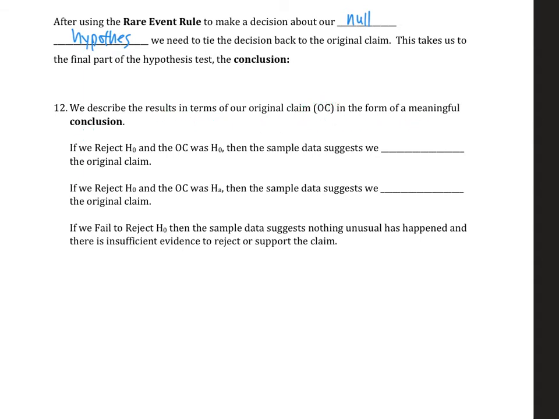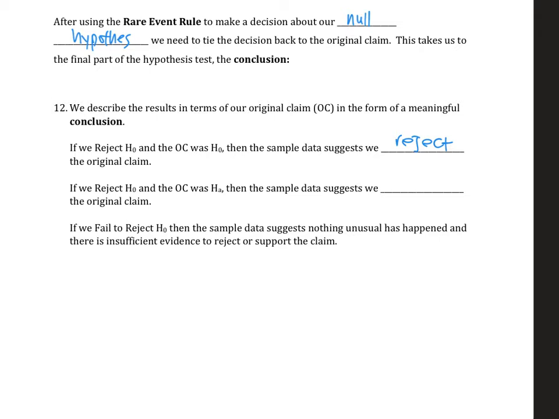If we reject H naught, and the original claim was also H naught, then the sample data suggests that we reject the original claim. Because the original claim and H naught are basically the same statement, if I rejected the H naught statement, I'm also rejecting the original claim statement as well. That's going to be our final conclusion.